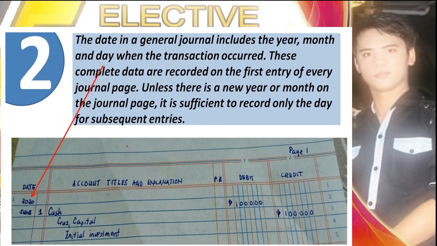Next, the date in a general journal includes the year, month, and day when the transaction occurred. These complete data are recorded on the first entry of every journal page. So, you notice this one? 2020. It is written on the first line. We only write the year when it is the start of our transactions.